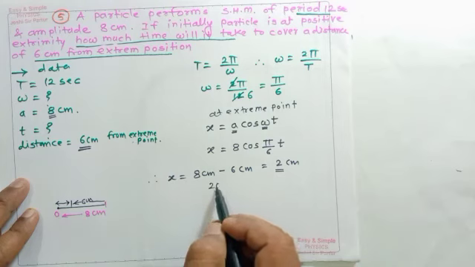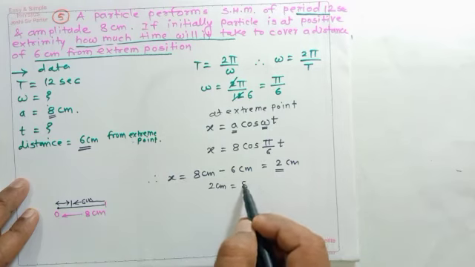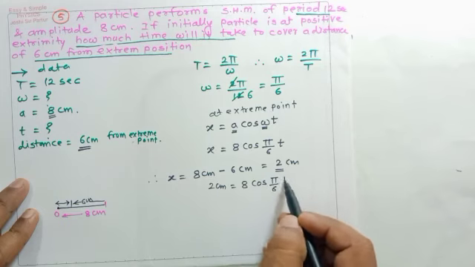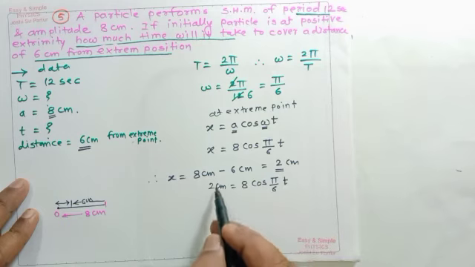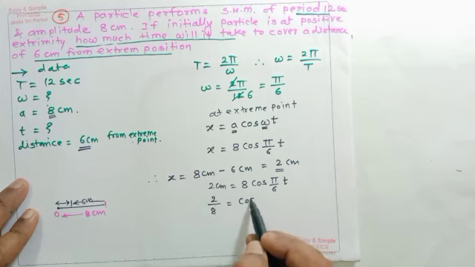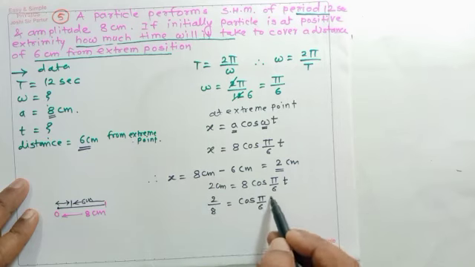So 2 centimeter is equal to 8 cos of pi upon 6 t. So 2 upon 8 is equal to cos of pi by 6 into t.